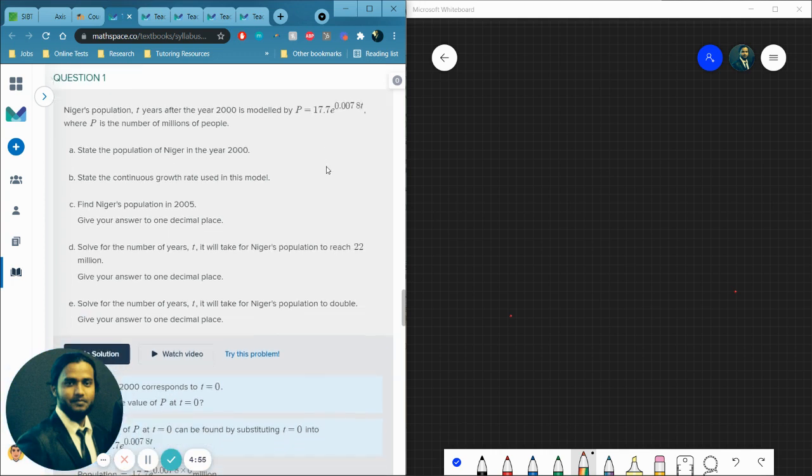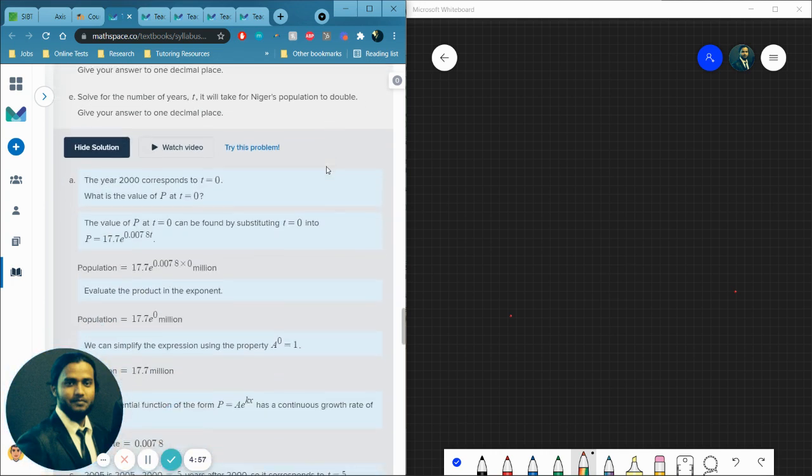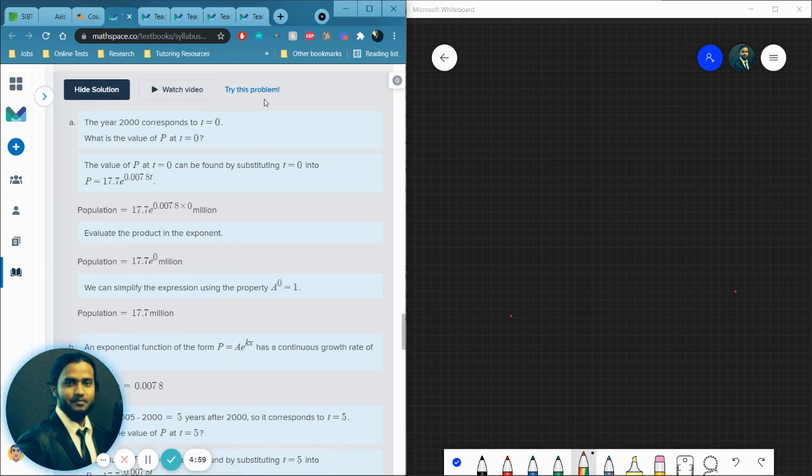Let's head to the problem straight away. The year 2000 corresponds to t equals 0, and the value of P at t equals 0 is simply whatever you get out of this equation. If you put t equals 0, e to the power 0 is 1, anything to the power 0 equals 1, remember?